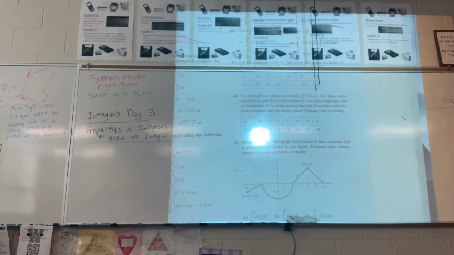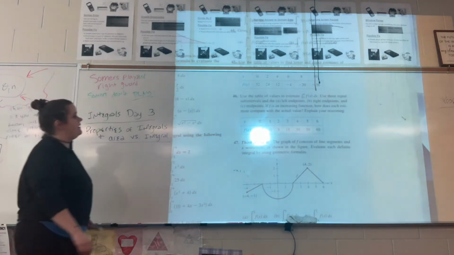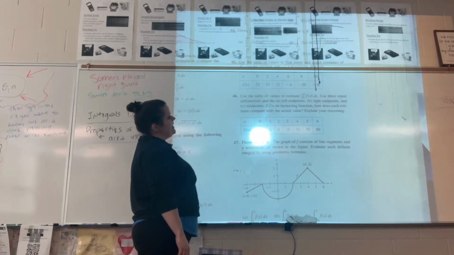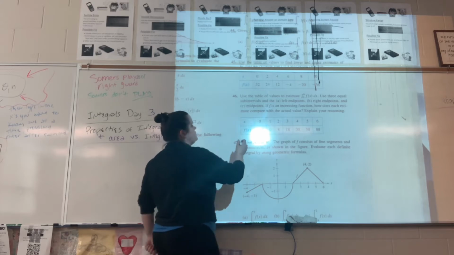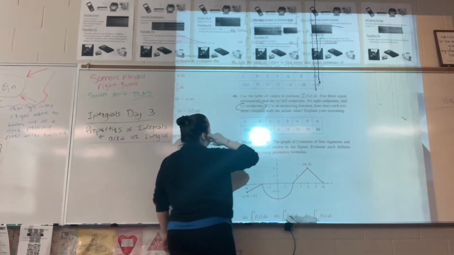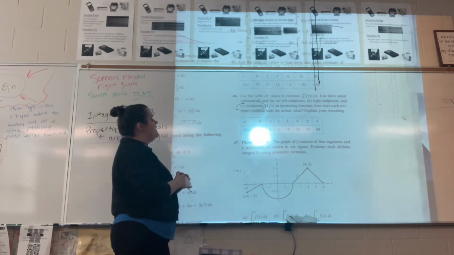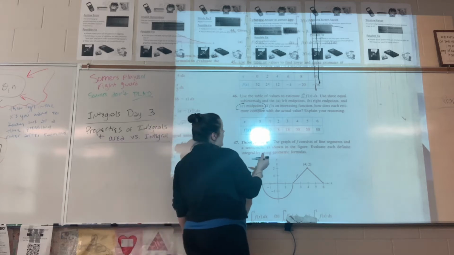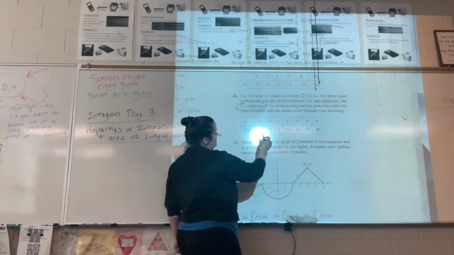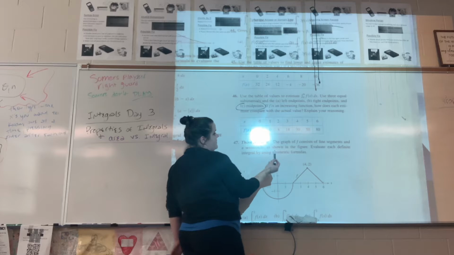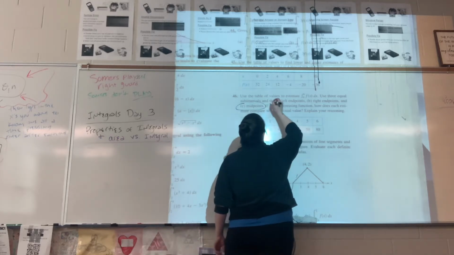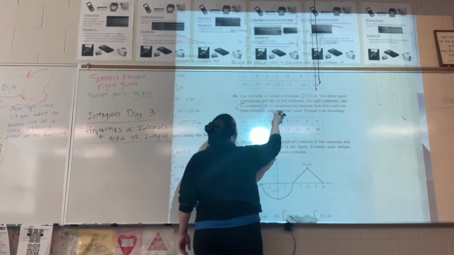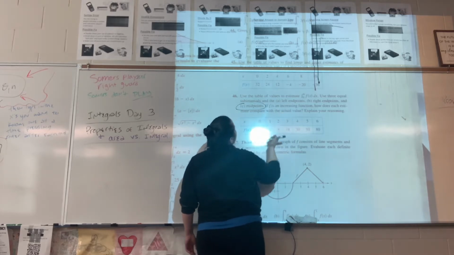So it says here to use the table of values to estimate from 0 to 6. Use 3 subintervals of equal length. Okay, so if we do the midpoint one, anytime they say the subintervals, remember... does it even say equal length?